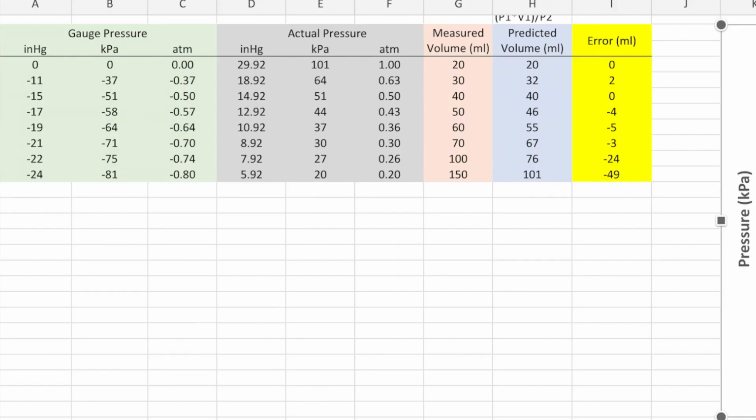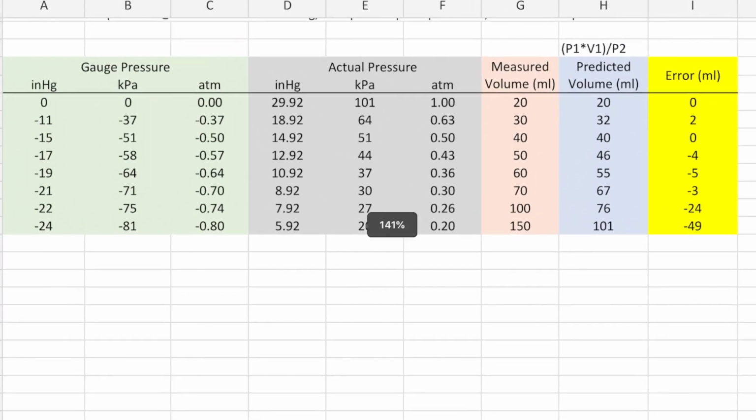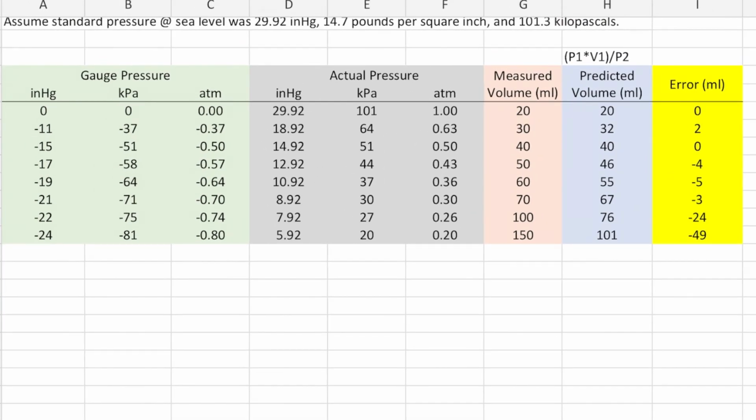Here we have the data written out with the gauge pressure, the actual pressure, measured volume that we saw, and the predicted volume, and then we even have our error. You can see down here that as I get closer to high pressure, my error term gets very large. And that's because at that point, the leaking at the seal and at the connections really started to affect it.